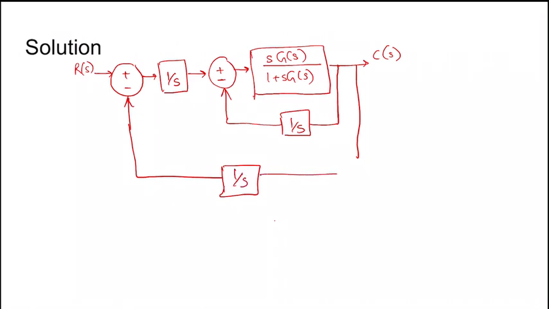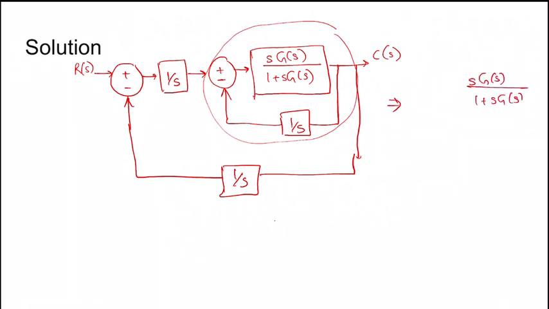It is the same thing. So now I am reducing this, and this will become equal to sG(s)/(1 + sG(s)) divided by 1 plus the same thing into 1/s.